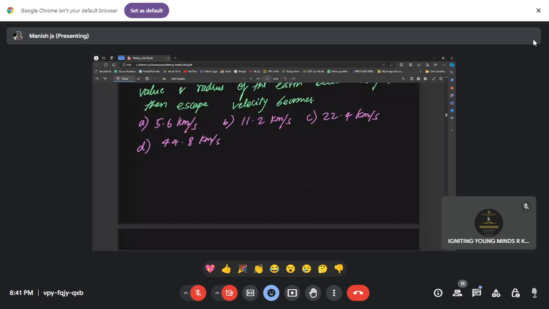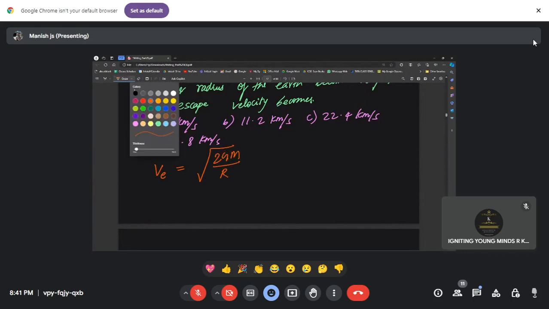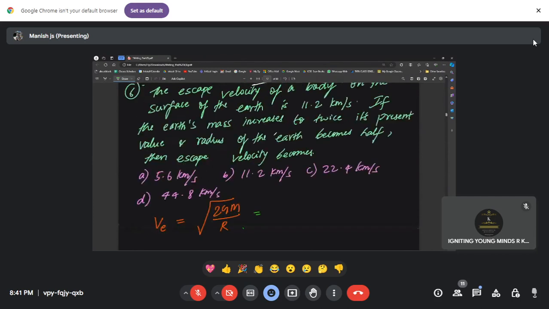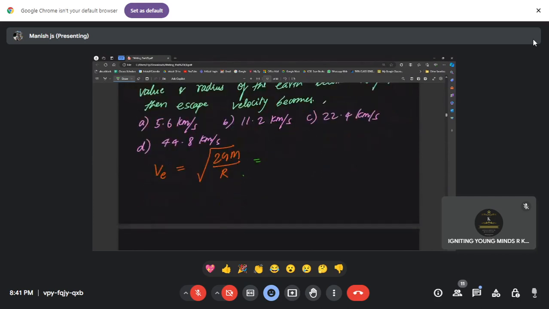The general formula for escape velocity is v equal to under root of 2GM upon R. That's all. So they have given the value for this escape velocity as 11.2 kilometers per second. That is also specified in the question.